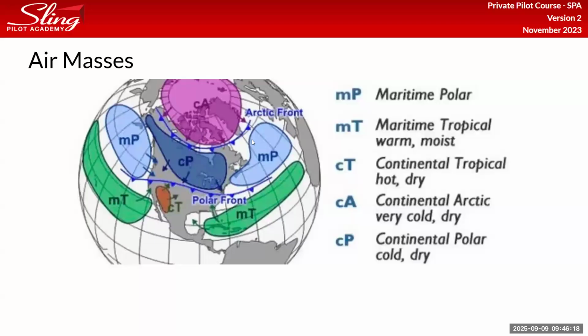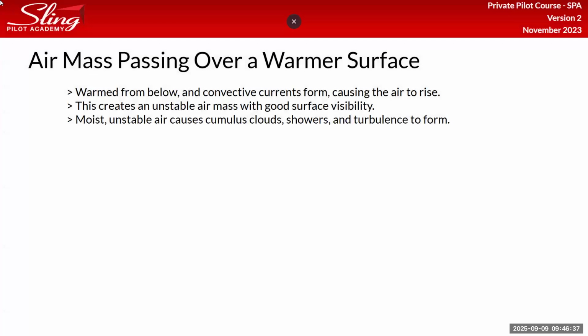So these characteristics of the air masses in that region will take on, if you're over the water in a tropical area, that air mass will be warm and moist, versus an air mass over the continental Arctic will be very cold and dry. Pretty simple, don't overcomplicate it more than it is.